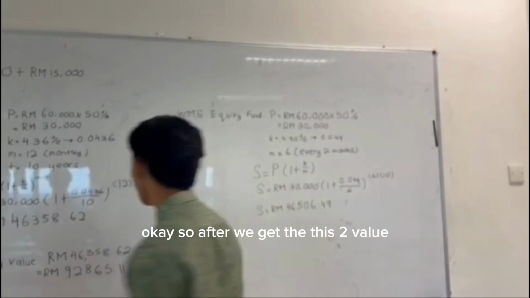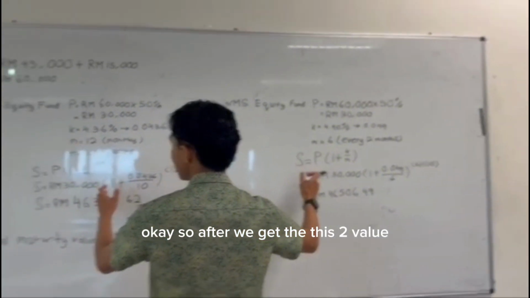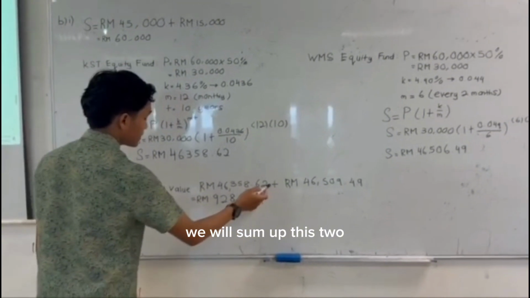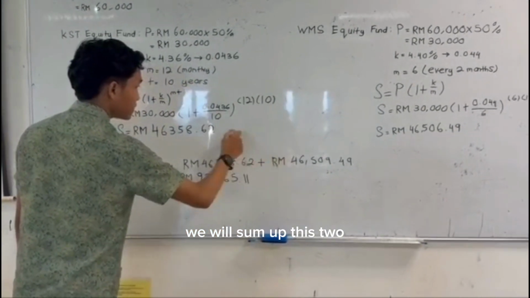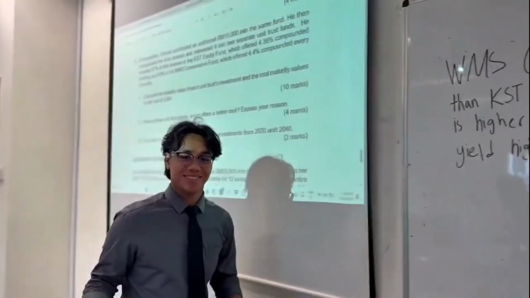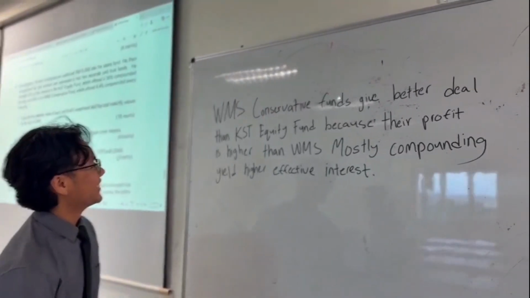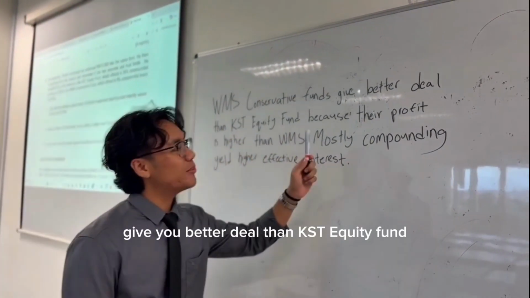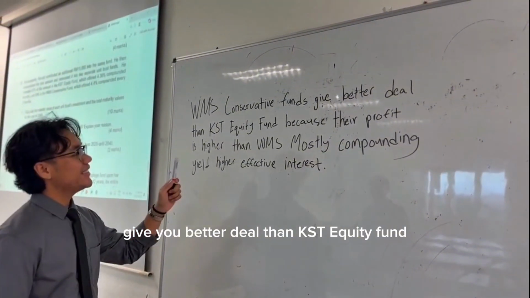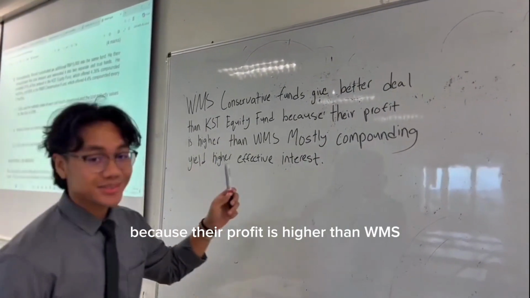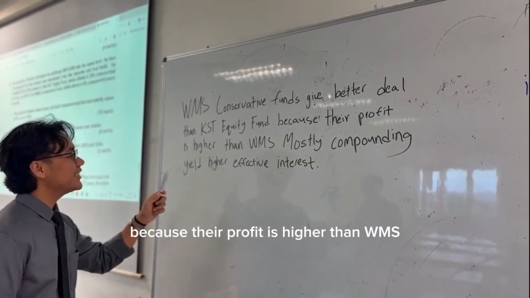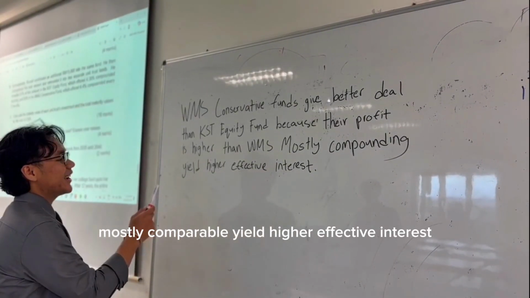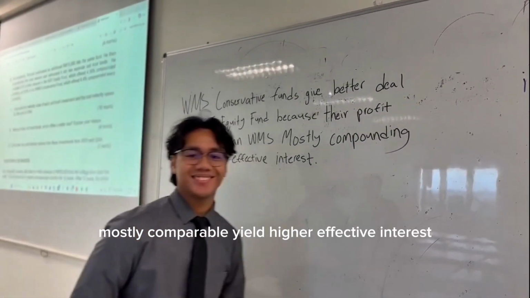Okay, so after we get these two values, we will sum them up. So WMS conservative fund gives you a better deal than KST equity fund because their profit is higher, mostly due to compounding yield and higher effective interest.